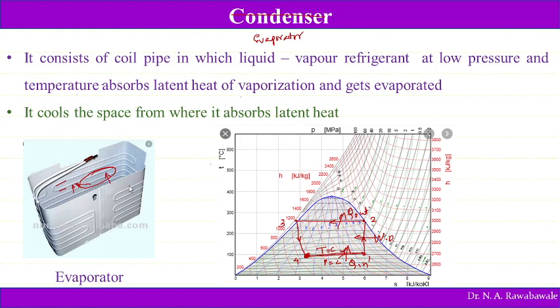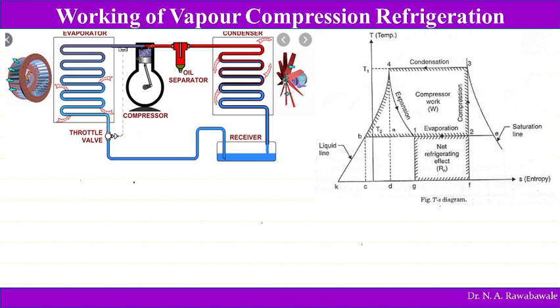Now coming to the working of a refrigerator, we will see. We call this point 1, this point 2, this point 3, and this point 4. Now let us see process 1 to 2.